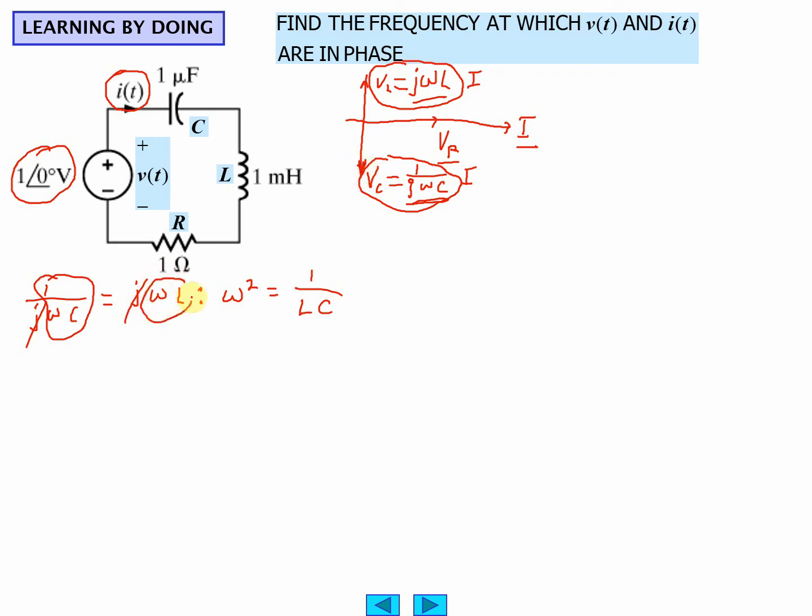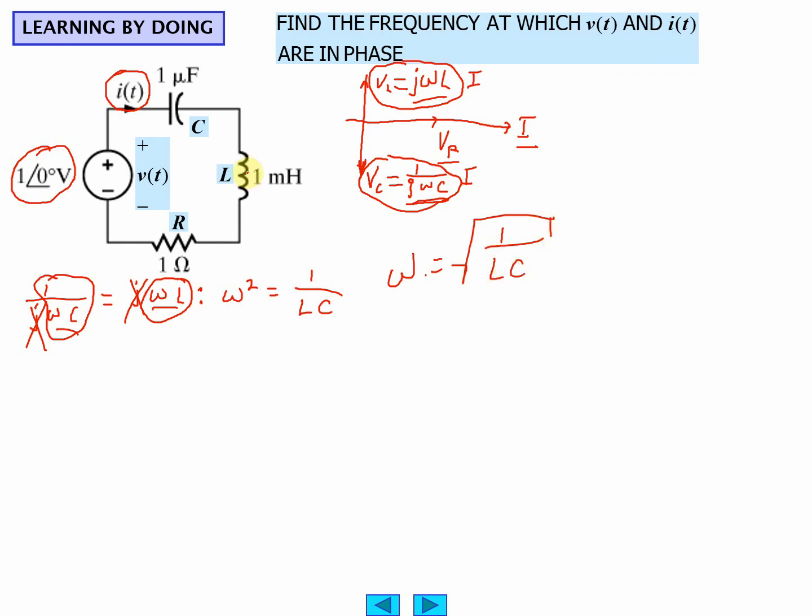Omega L is the distance up. Equate these two. I shouldn't have said J. I should have dropped the J's. I'm dropping the J's now. So omega is going to equal the square root of 1 over LC.